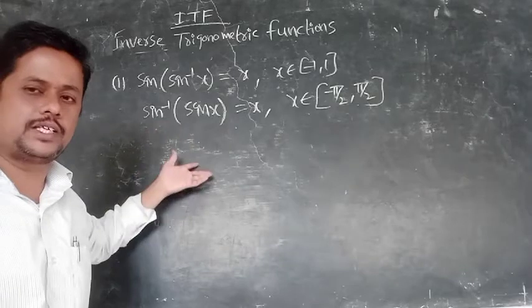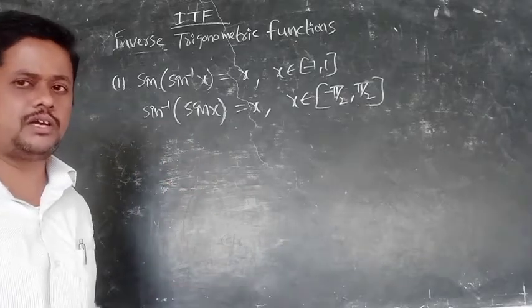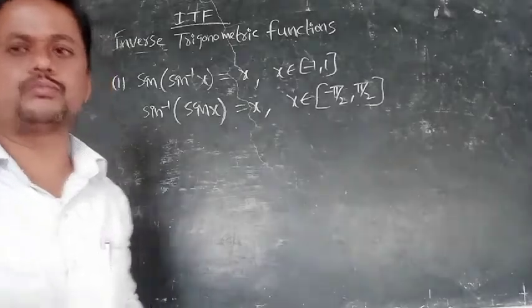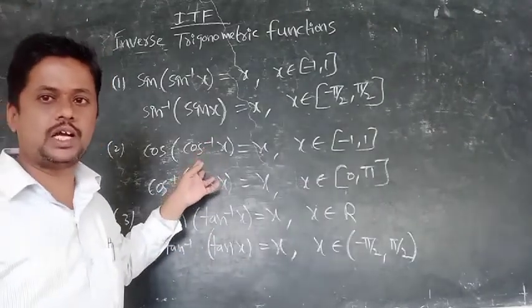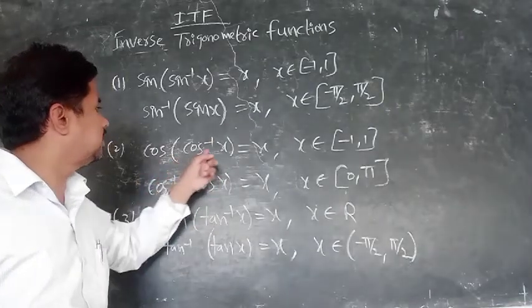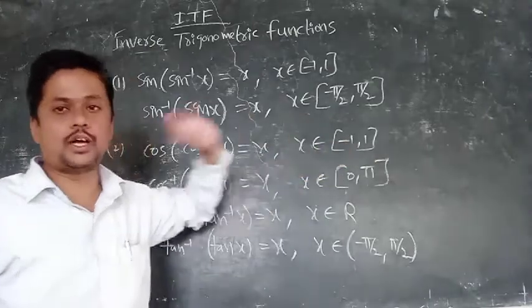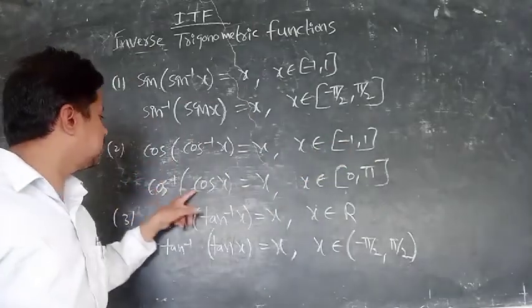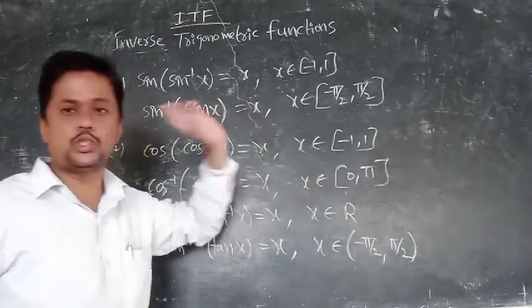Like that for cos inverse, cot inverse, tan inverse and cosecant inverse, all of these work the same way. See some other problems related to cos and tan. Cos of cos inverse x is equal to x when x belongs to minus 1 comma 1. And cos inverse of cos x is equal to x when x belongs to 0 to pi.